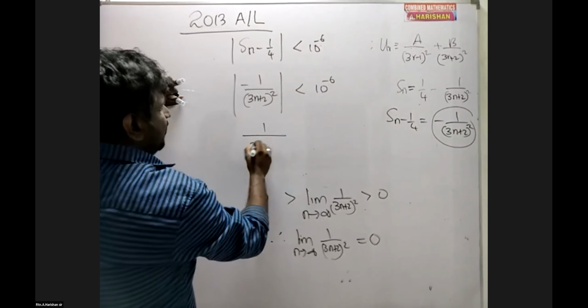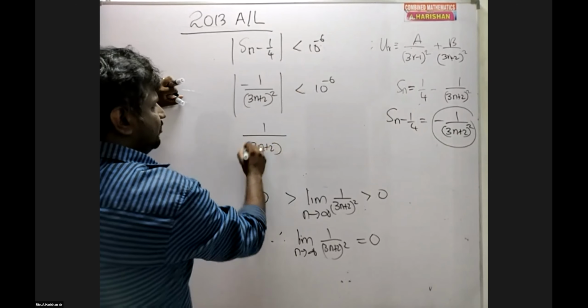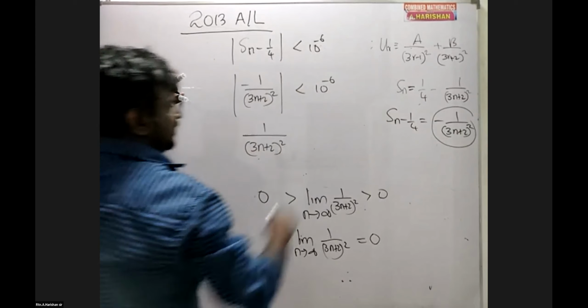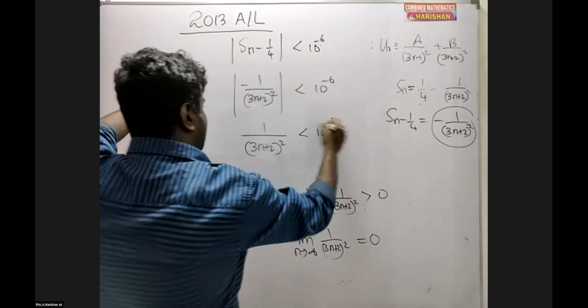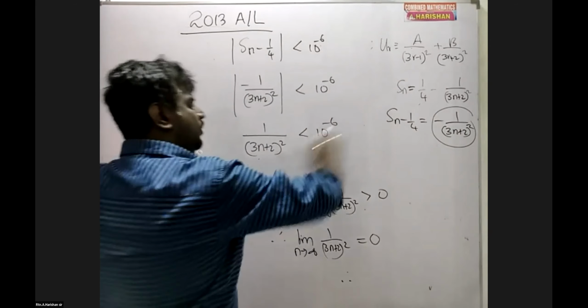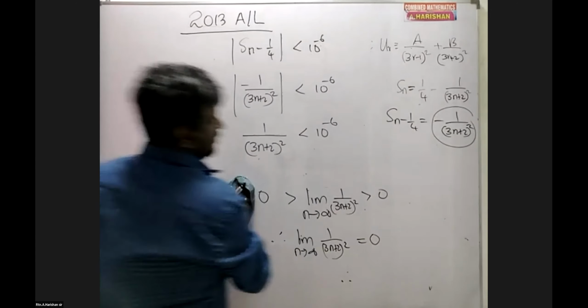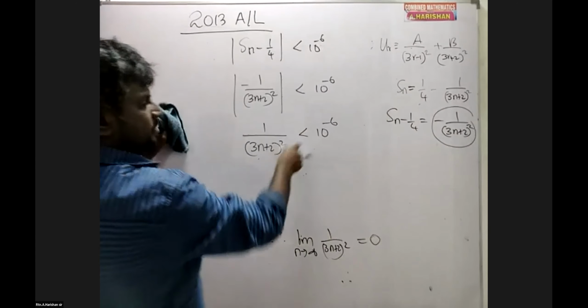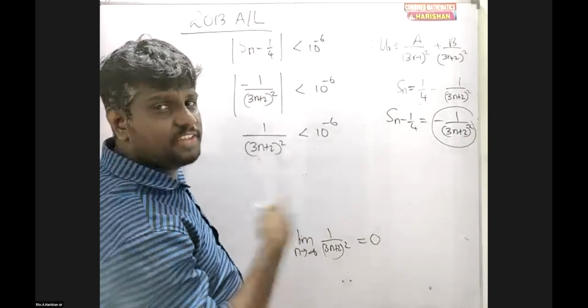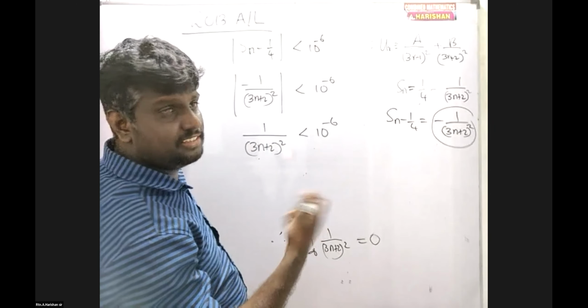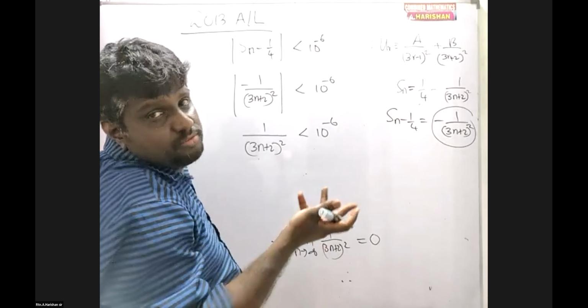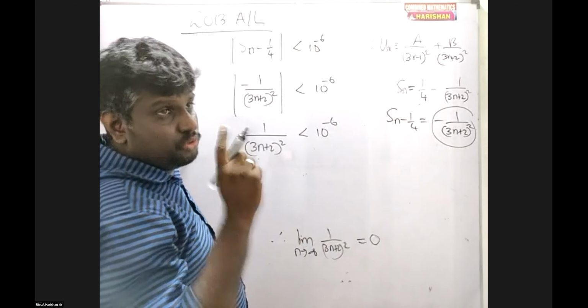After that, you can release the modulus by writing the normal one, less than 10 to the power minus 6. This is a positive number, so you can cross multiply without any problem. If the sign is unknown, when you multiply you have to be careful, so don't do that.